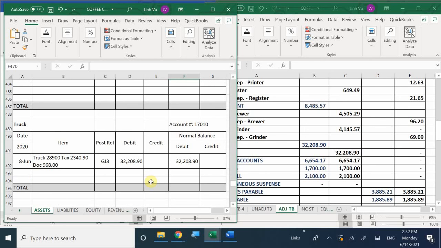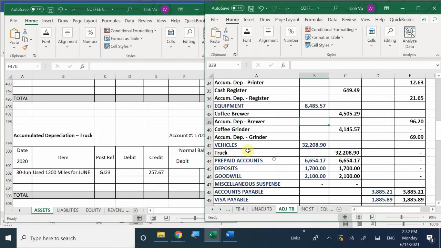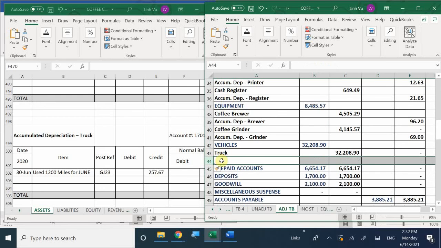The truck is for 32,208.90, but we calculated accumulated depreciation on that truck, so I'm going to add it in here for the accumulated depreciation for the truck, which is a grand total of 257.67. So for my vehicles, it's going to equal my 32,208 minus my 257.